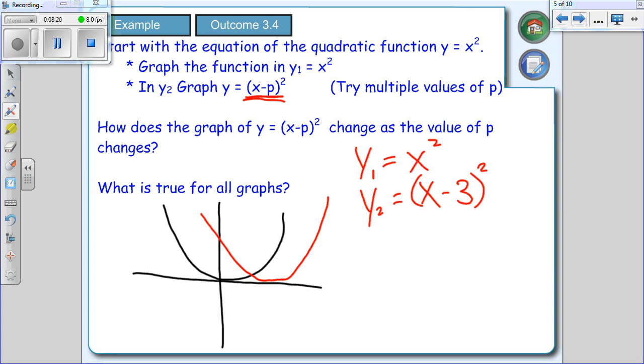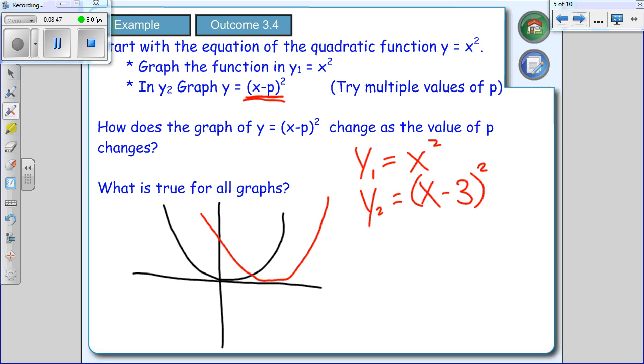Did you use brackets? I did not. There we go, I just gave brackets. It's x minus 3, not x negative 3.